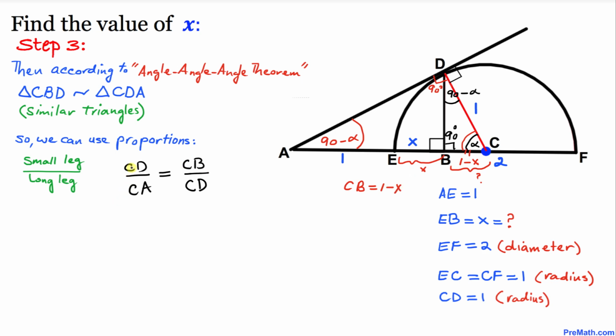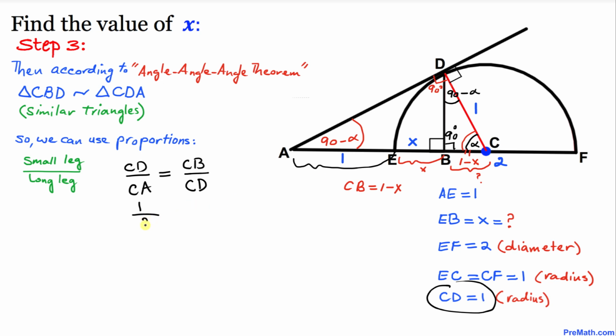Now let's go ahead and fill in the blanks over here. CD in our case is the radius, 1, divided by CA, which in our case is 2. As you can see, CA is this radius 1 plus this 1, which makes 2.